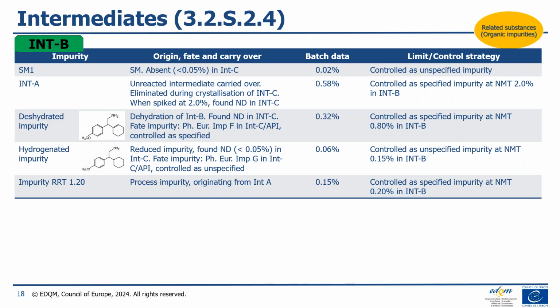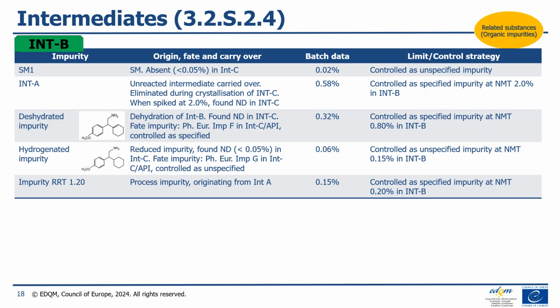So a control at not more than 2% can be acceptable based on the spike purge studies performed. The dehydrated impurity is formed from dehydration of intermediate B, and it's undetected in intermediate C, and its fate impurity is an impurity from the transparency list of the monograph. So control at 0.80% in intermediate B can be acceptable.